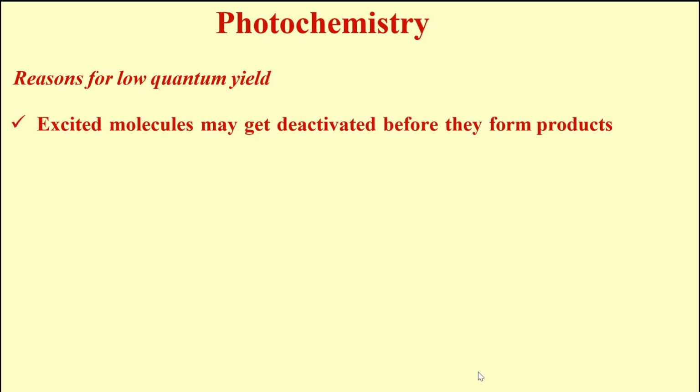The first step of the reaction, as we have seen, is the excitation of the molecule by the absorption of the quanta of light. This activated molecule further goes for secondary reactions. If it gets deactivated, there is no secondary reaction, and that's why the product yield gets reduced.